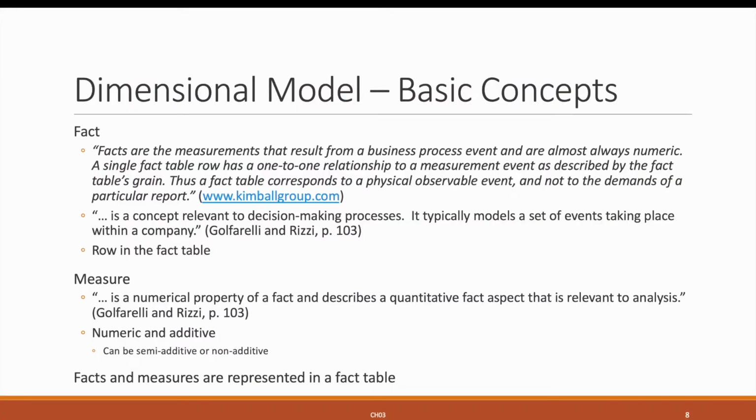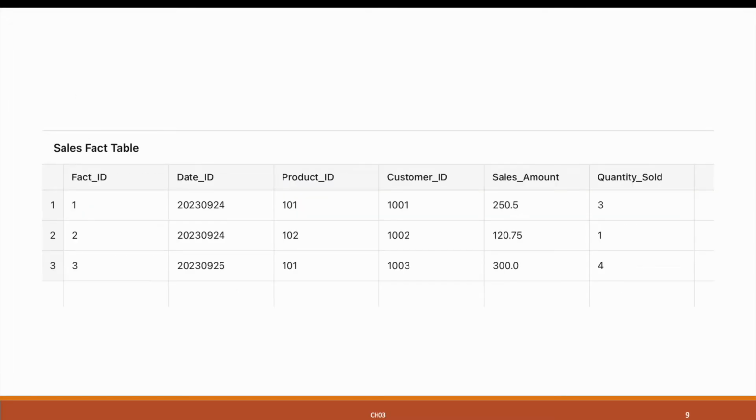All right, let's talk more about the facts and the measures. Going back to this table, each record is counted as a fact. It refers to the different events and transactions we try to capture in the business process. For example, in this table we have three: the first transaction is a fact, the second transaction is a fact.